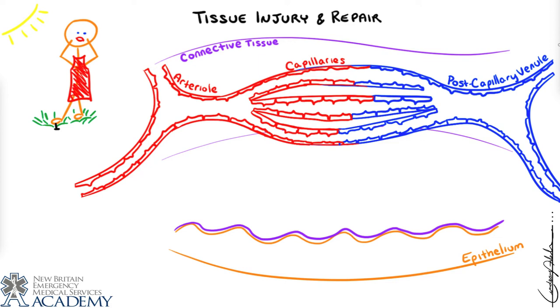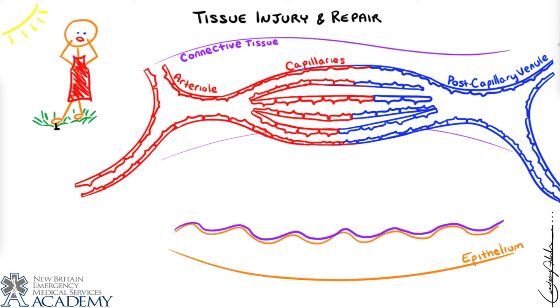Now, initially, we drew the structure with some basic lines, but I really want to focus a little bit more on the actual structures that we see. We mentioned recently in our cell junctions video that we have endothelial cells, which are simple squamous epithelial cells lining all of our blood vessels.